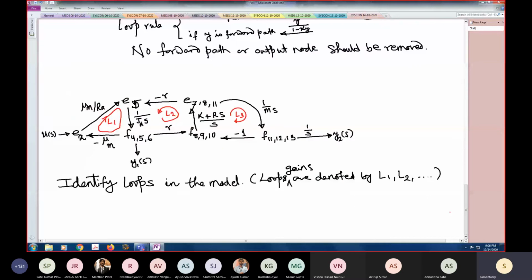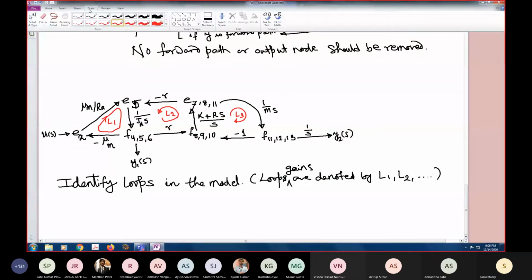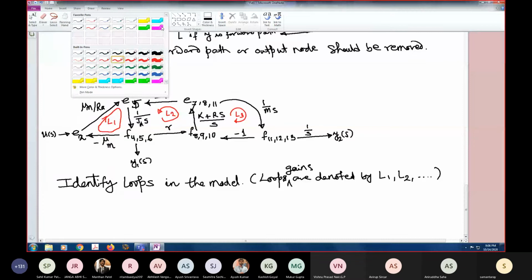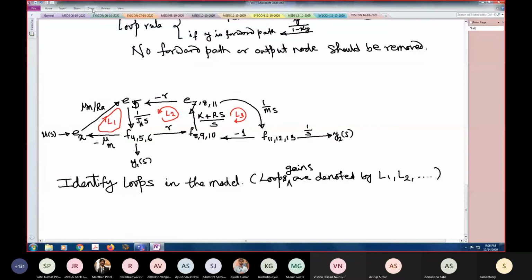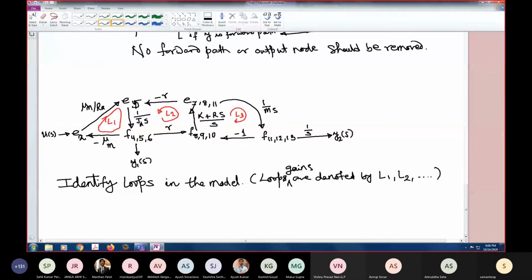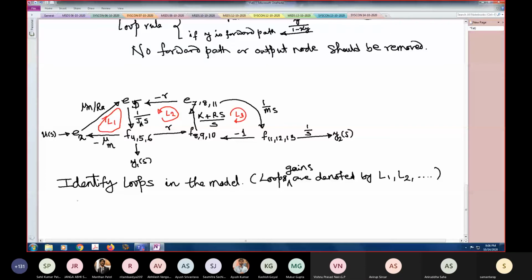So we have these 3 loops. I will write down these loop gains. L1. What are these loop gains? You just multiply everything in that loop.